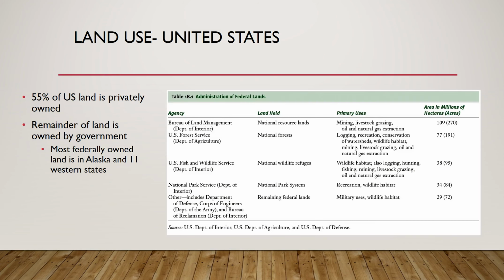And we have various agencies within the government that are in charge of managing that. So we've got what's called the Bureau of Land Management, the Forest Service, Fish and Wildlife Service, National Park Service, etc. The Corps of Engineers deals with a lot of our streams and so on. Okay, and again, those are the departments or the bureaus that are in charge of managing federal land for various reasons.